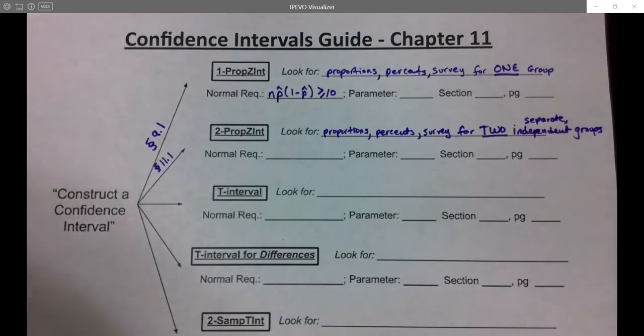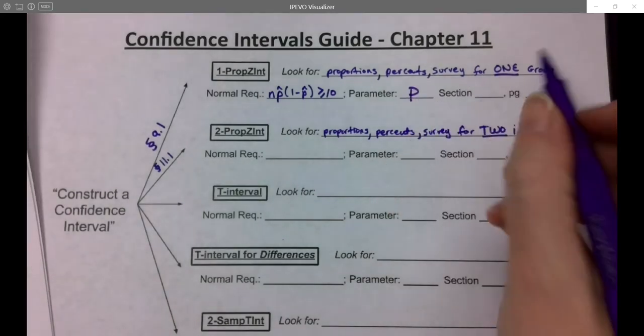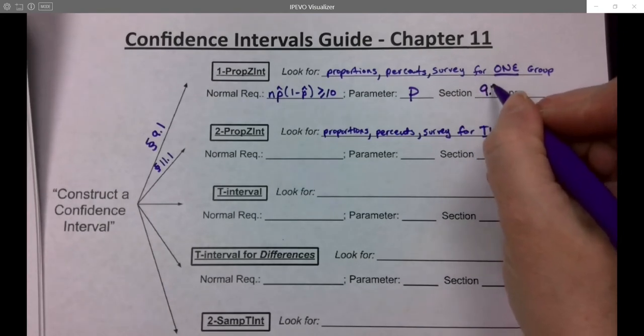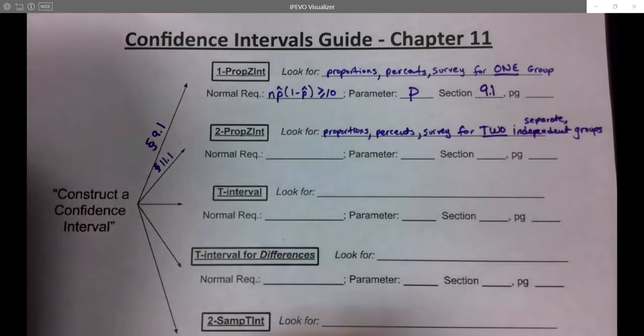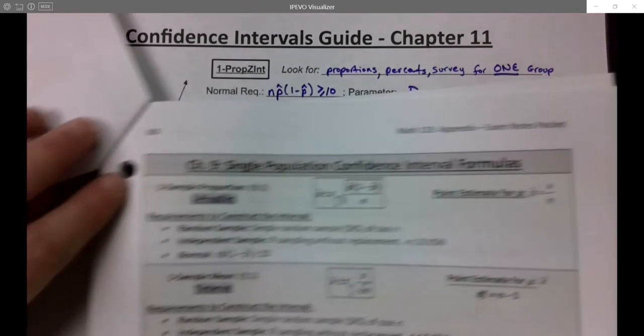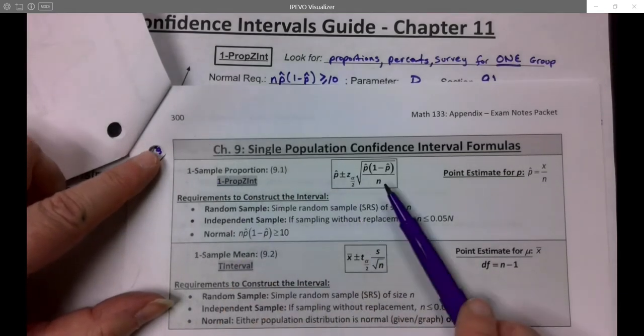And the parameter we're trying to create this interval for is, of course, the population proportion p. And we learned about this in section 9.1. And it's on page, if I grab our gold packet here, it's right here, 9.1, it's page 300, but at the top.